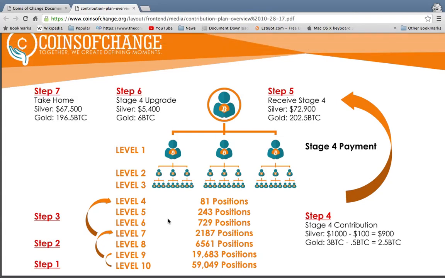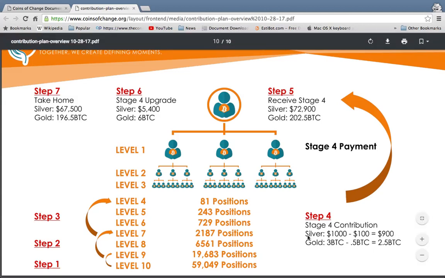Now on step 4, you're going to make your stage 4 contribution of $1,000 minus the $100 platform fee for a total of $900 from 81 people. In gold, it's going to be 3 Bitcoin minus the 0.5 Bitcoin for a total of 2.5 Bitcoin.